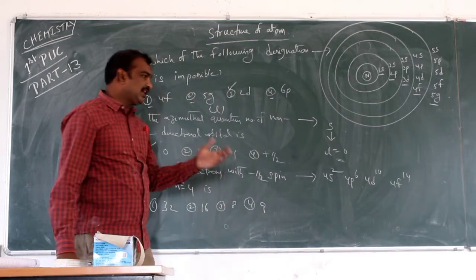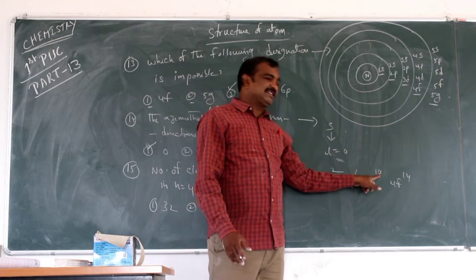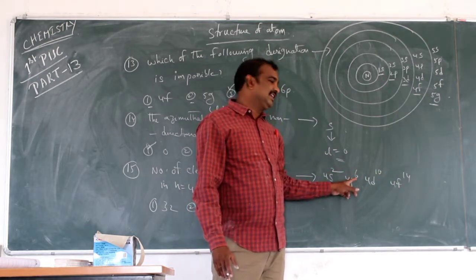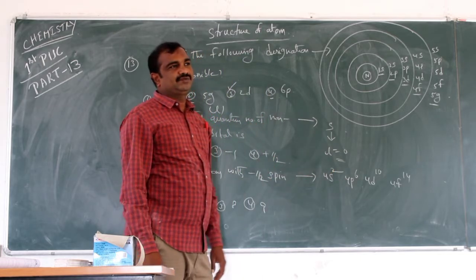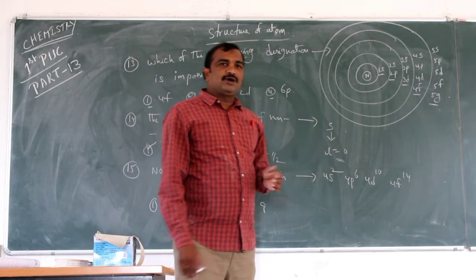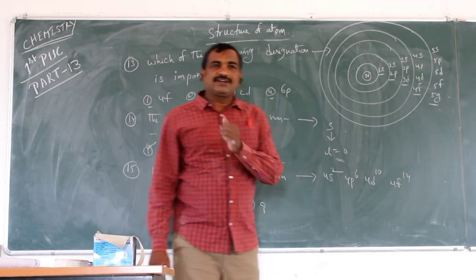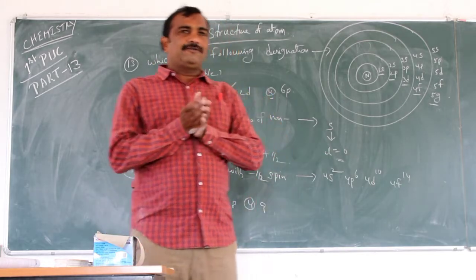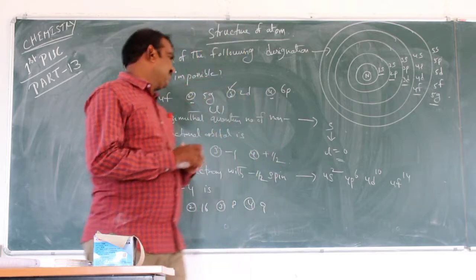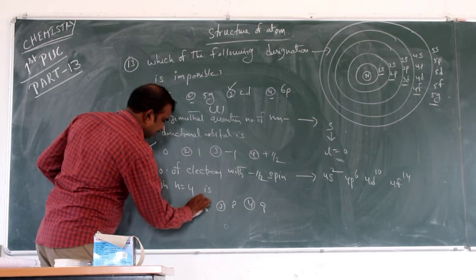So in total in the fourth orbit, how many electrons are there? 14 plus 10 is 24, 24 plus 6 is 30, 30 plus 2 is 32. Out of 32, all are completely filled. Half, 16, show plus spin and 16 show minus spin. So the number of electrons with minus spin is 16.